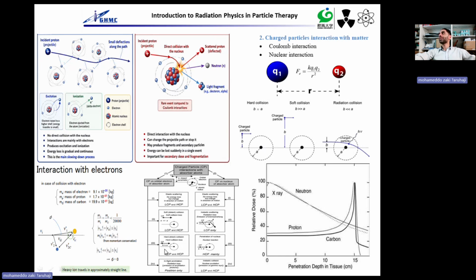There are many different scenarios and probabilities for things to happen, but in general, we can say that excitation and ionization are more likely to happen than the radiation, the nuclear interaction. So the hard collisions and the soft collisions are more likely to happen than the radiation collision.